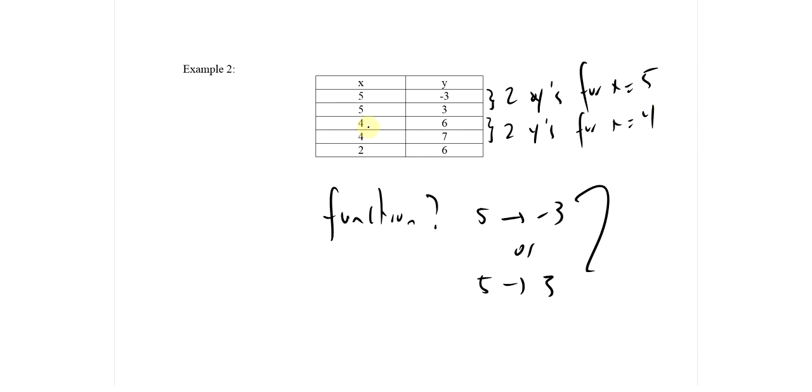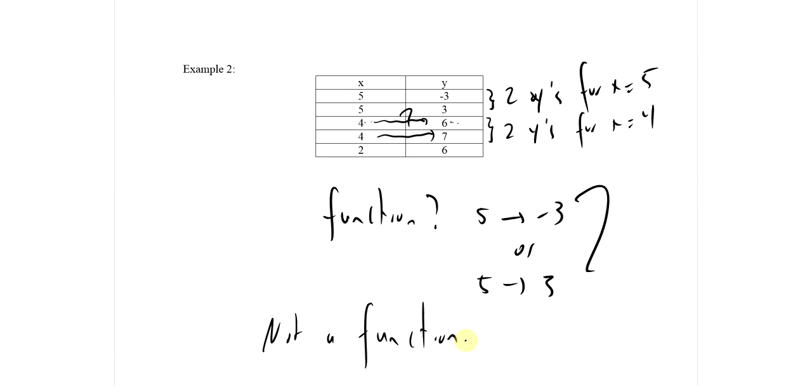To be a function means that each x goes to exactly 1 y. So here 4 goes to 6, or does 4 go to 7? Can't tell. So, not a function. And we can't even say if there's a domain or a range, because those are things that functions have, and this isn't.